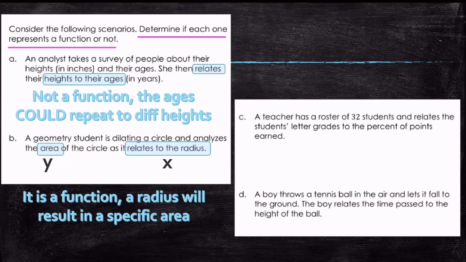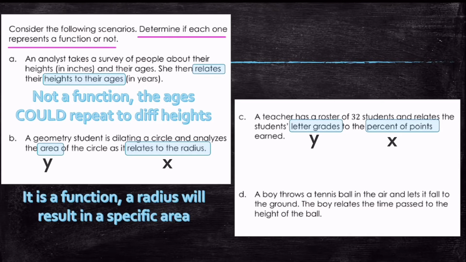A teacher has a roster of 32 students and relates the student's letter grade to the percent of points earned. So we've got to look at this carefully. It's the percent of points they get. So if you get an 80, an 85, a 90, that relates to their letter grade. So if someone gets a 90, that is your x. They get the points earned, they get a 90.